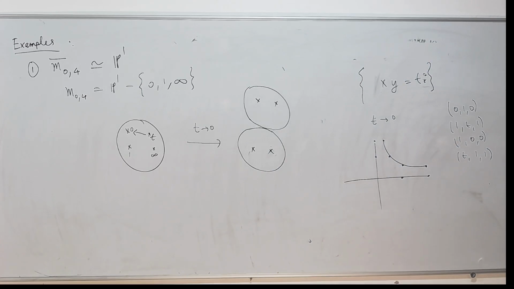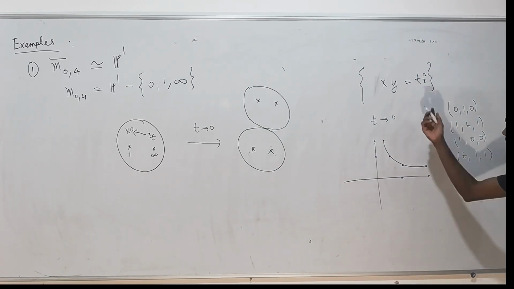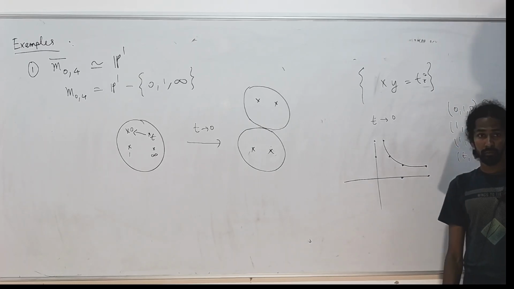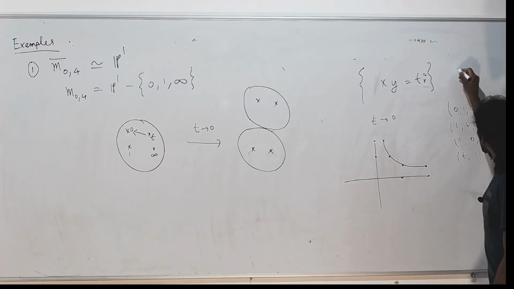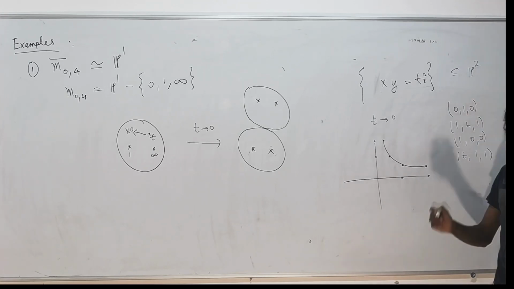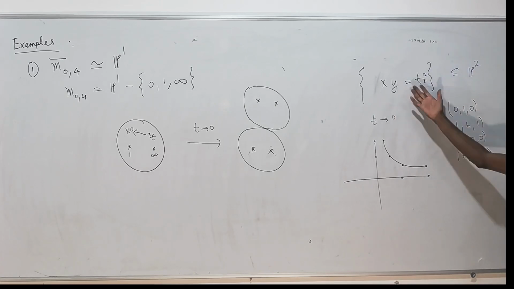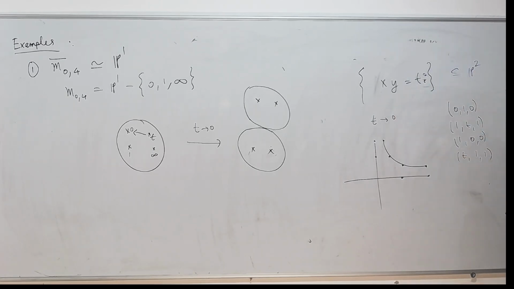How do you know what is the meaning of this? XY, it's genus 0. It's a degree 2 curve in P2. And when t goes to 0, that's exactly what I said a node is.